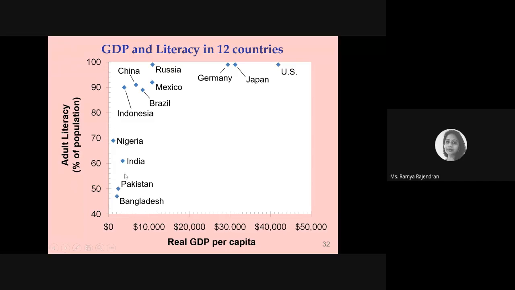That's very poor, and 50% in Pakistan. That's very poor. And you see it's around 98% for Russia, Germany, Japan, and the US. That's great, right? I mean, this data is very old. I'm just talking about very old data, almost 10 years back.